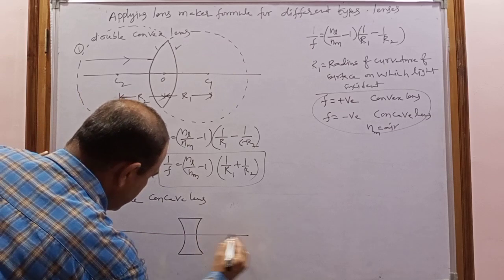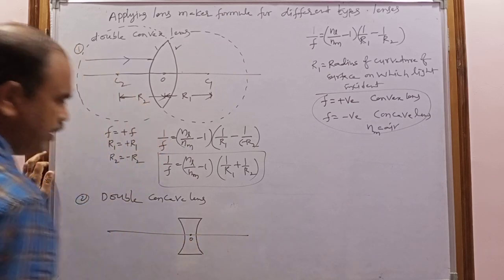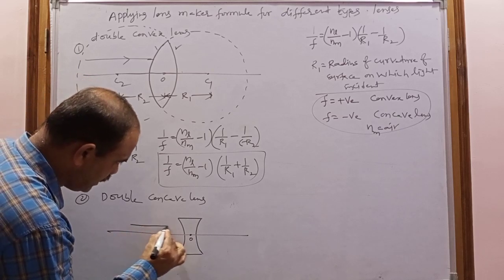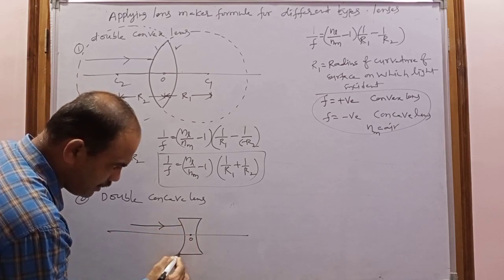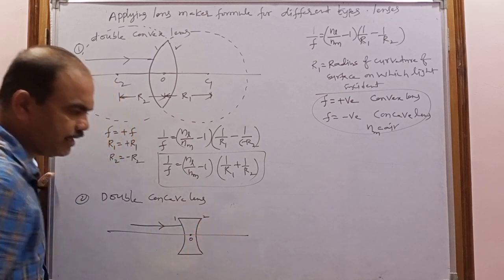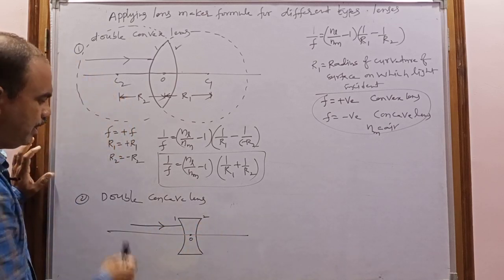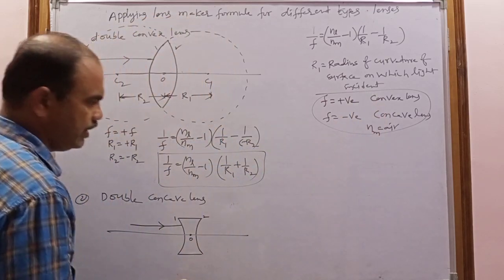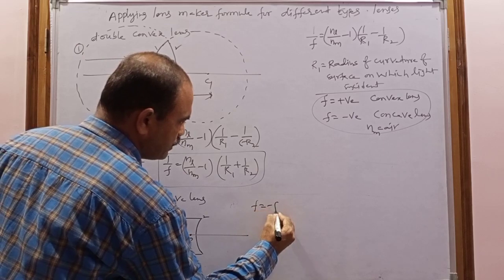Now consider this is the principal axis and this is the optic center. This is the incident light falling on the surface. That's why this surface is taken as the first surface and this is taken as the second surface. In the case of the double concave lens, what is the focal length? The focal length is negative, so f is minus f.